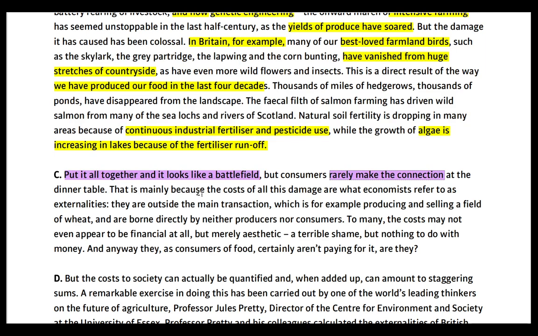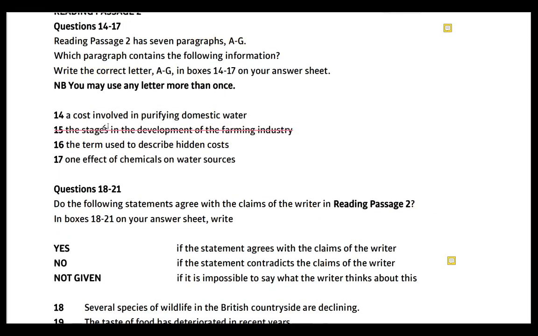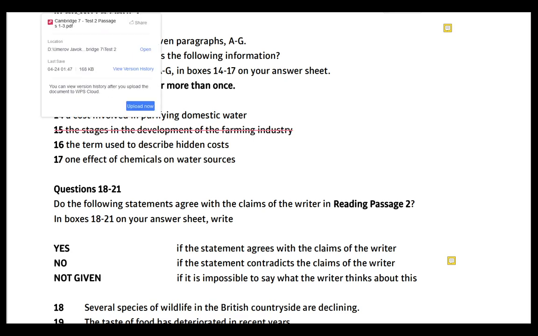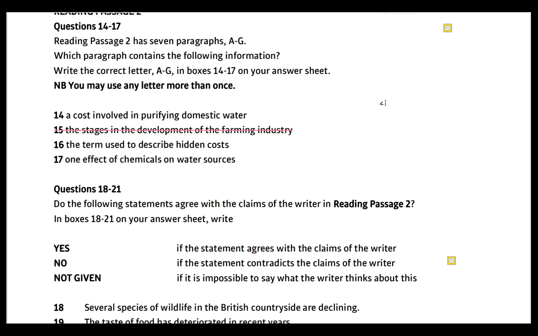That is mainly because the costs of all this damage are what economists refer to as externalities. We can once again make inferences. The term is used to describe hidden costs, the costs which are not known.